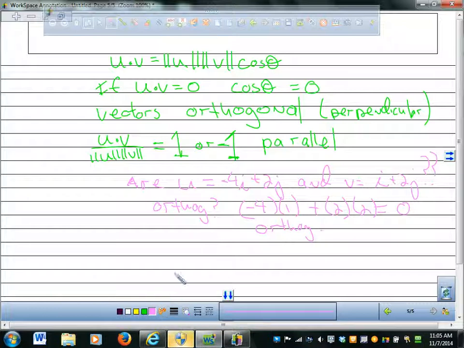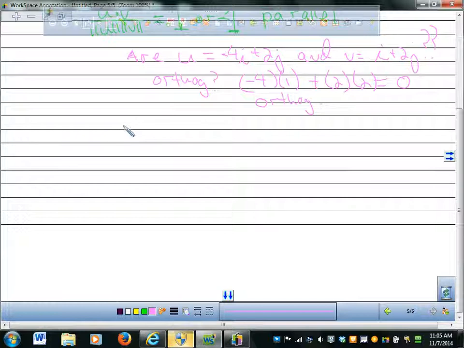Okay. So let's move on. Last thing. Given, so you'll see some problems that look like this.